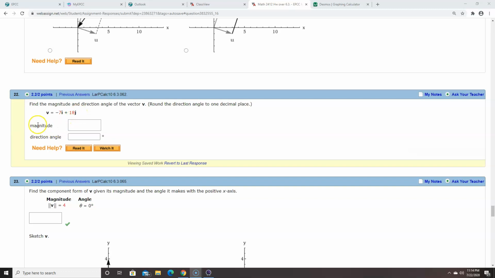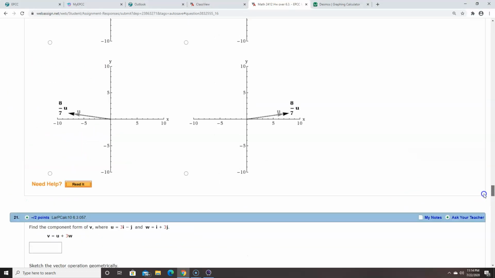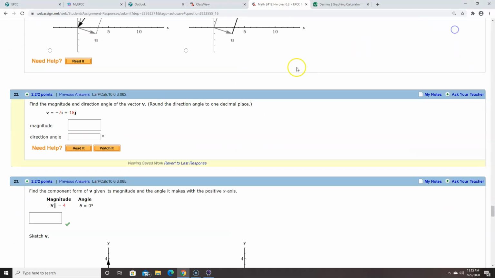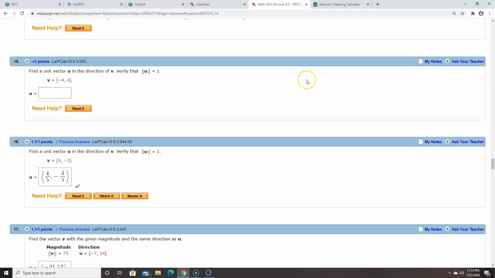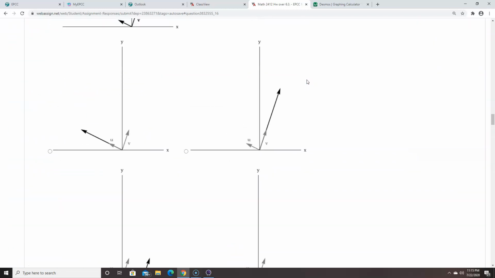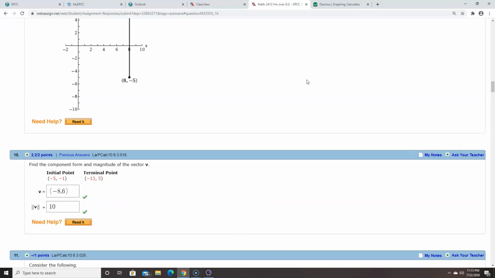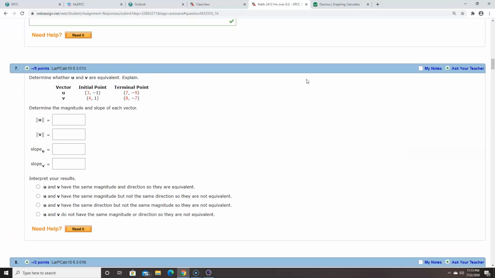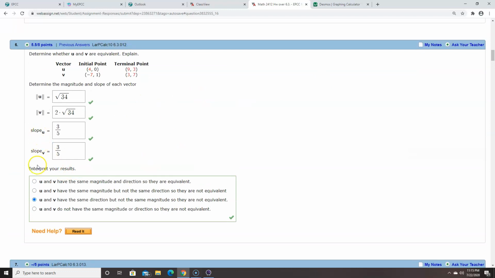Once you have that, now find the magnitude, which we've been doing throughout this lecture. And then there's something new here. We've talked about the direction before. At the very beginning of the lecture video, I told you they asked us for the slope, and that was one way to describe the direction of the vector or of the directed line segment.